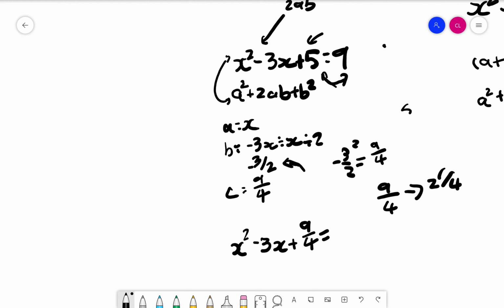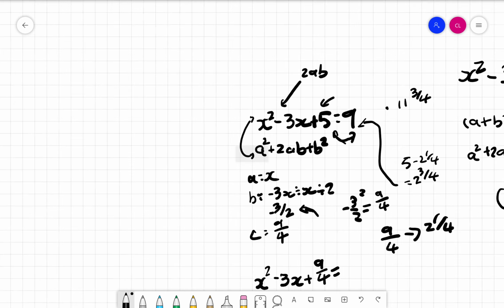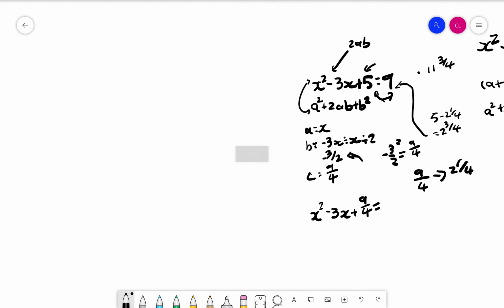So 5 minus 2 1 over 4 means there's 2 3 over 4 left. So we add that to the 9, which should give us 11 3 over 4. So 11 3 over 4, right?